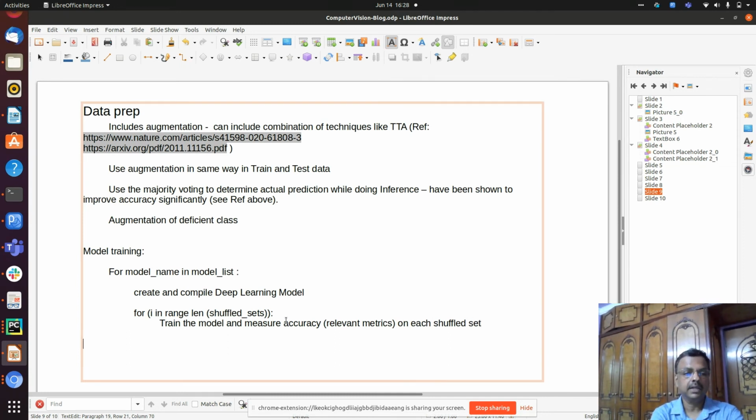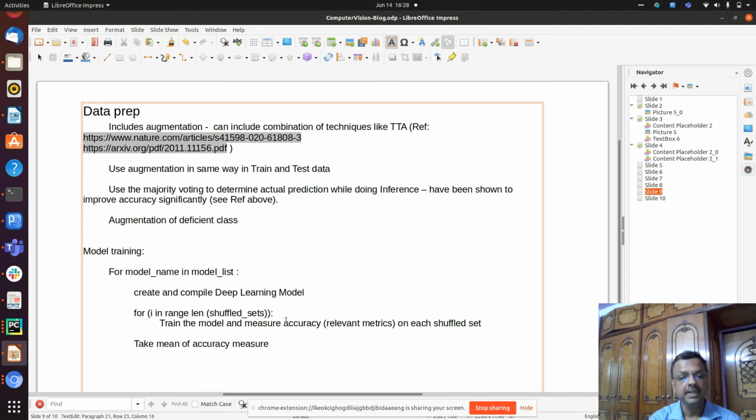And then once we come out, we have an array of mean accuracy measures for the models that we have.